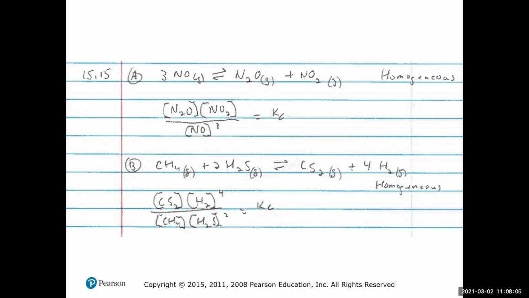So in this case, it's just NO. Then we go and we look at our balanced equation and see, are there any coefficients present? So we do have a coefficient in front of the NO on the reactant side. So then for NO, we're going to cube that concentration. So we get our final equilibrium expression of N2O times NO2 divided by NO, that NO concentration cubed.